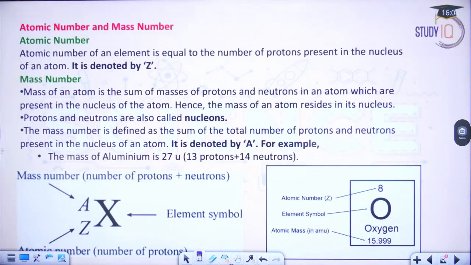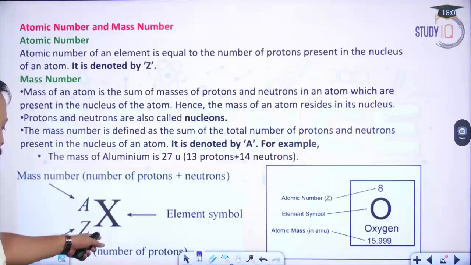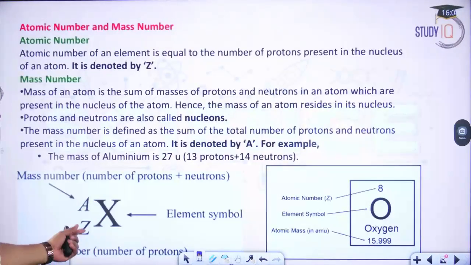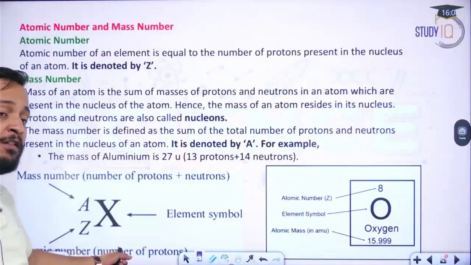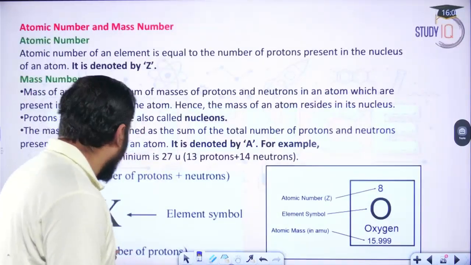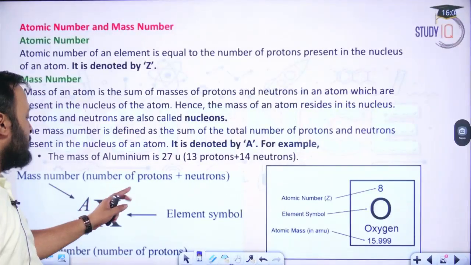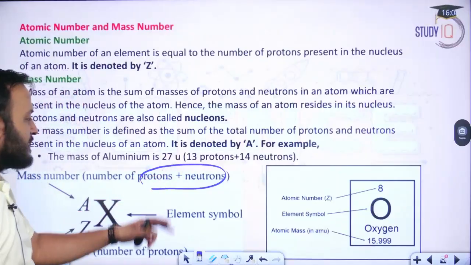Then guys, we have the atomic number and the mass number. Now what is that? Atomic number and mass number. So you can see this one. Basically, any element is represented by this symbol X, where the Z is the atomic number. Atomic number is the number of protons, and mass number is the number of protons plus neutrons.